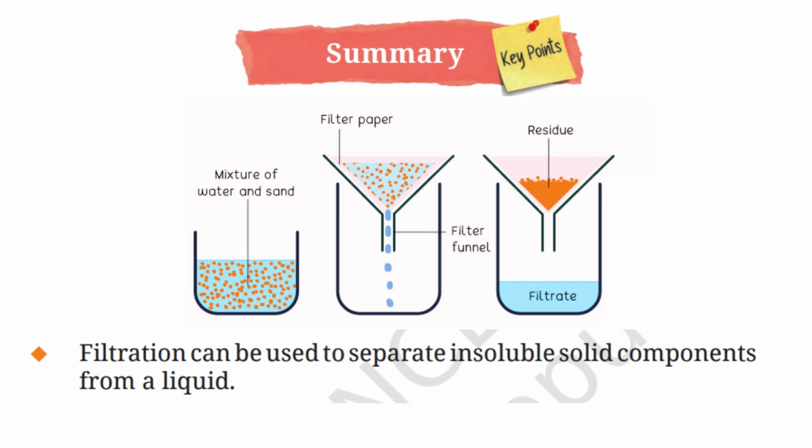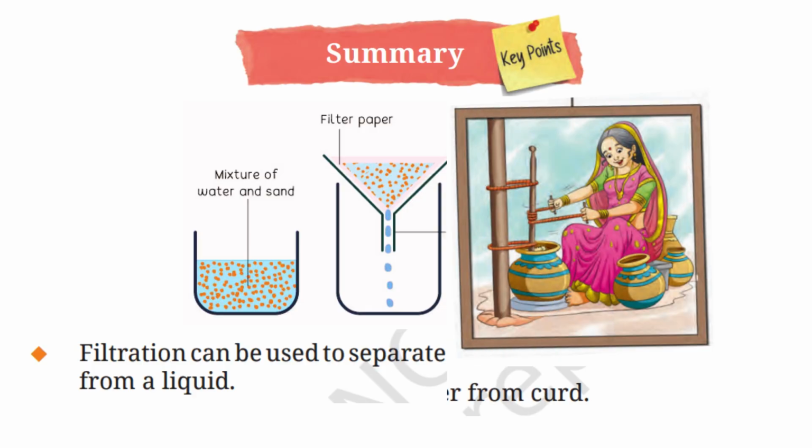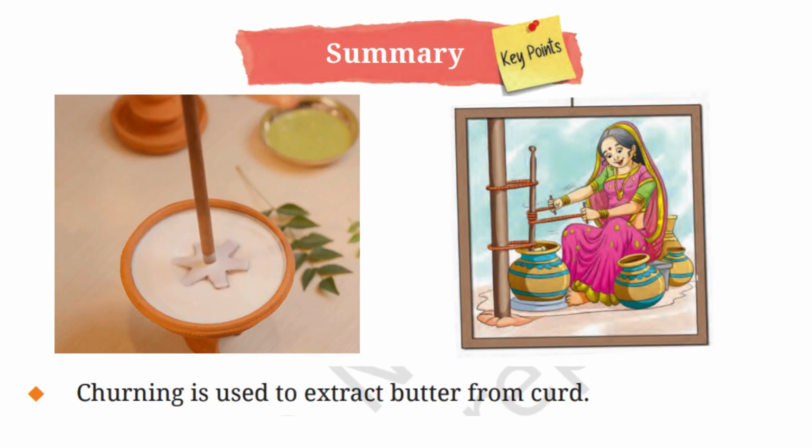Filtration is used to separate insoluble solids from liquids using a filter. For example, separating tea leaves from tea. Churning is used to separate butter or cream from milk by rapid stirring, or to extract butter from curd.